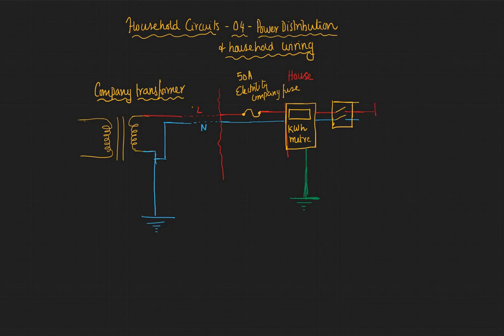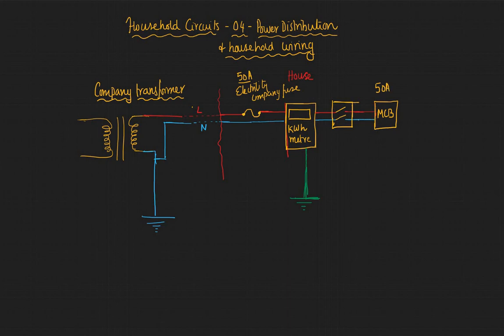The MCB is to protect against sudden surges of current. It's like a fuse, but it takes much less time to trip if there is an excess amount of current. Let's say the MCB capacity will be the same as this fuse, 50 amperes. So it's like a double safety protection that you have.